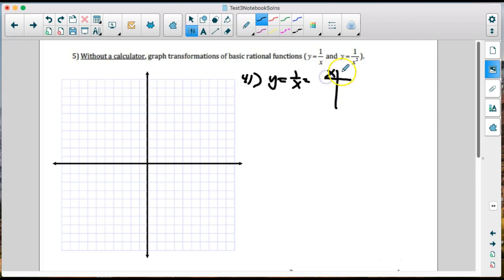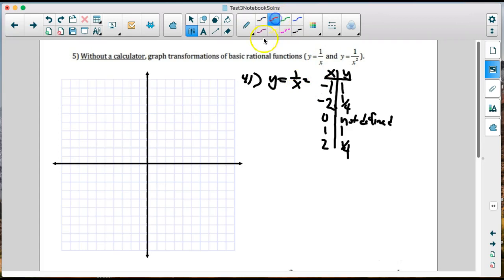I know that negative 1 is going to give me 1. Negative 2 is going to give me 1 over 4. 0 is not defined, because 1 over 0 is not defined. And then 1 and 2 are going to give me exactly the same thing as negative 1 and negative 2 gave me, which is 1 and 1/4, because 1 over 2 squared is 1/4, and 1 over 1 squared is just 1.